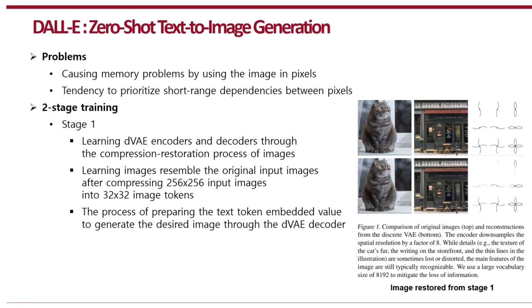Details, for example, the texture of cat hair, writing, and thin lines, are partially lost or distorted, but the overall characteristics of the image are still recognizable. In the paper, a large vocabulary size of 8,192 was used to minimize the loss of information.